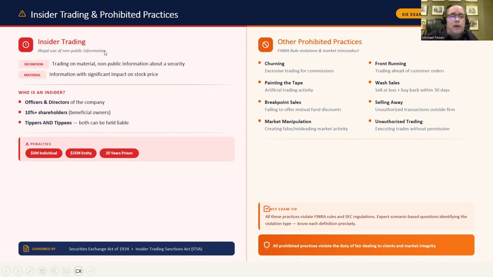Okay, so now insider trading, the illegal use of non-public information. What does that mean? Trading on material non-public information. Now, the definition of material information is: does it affect your investment decision? Some material information is what we do for a living, right?